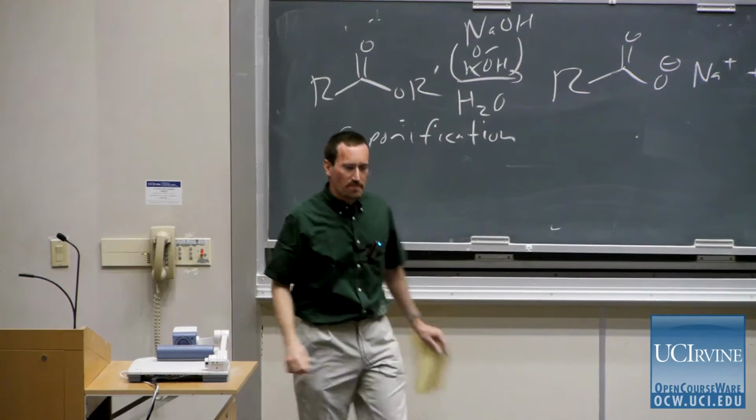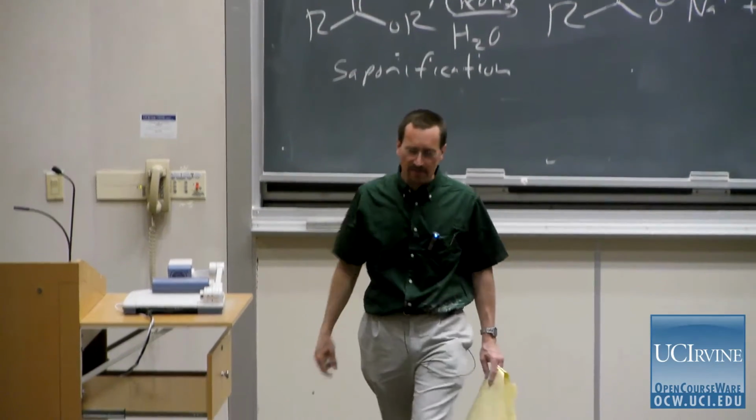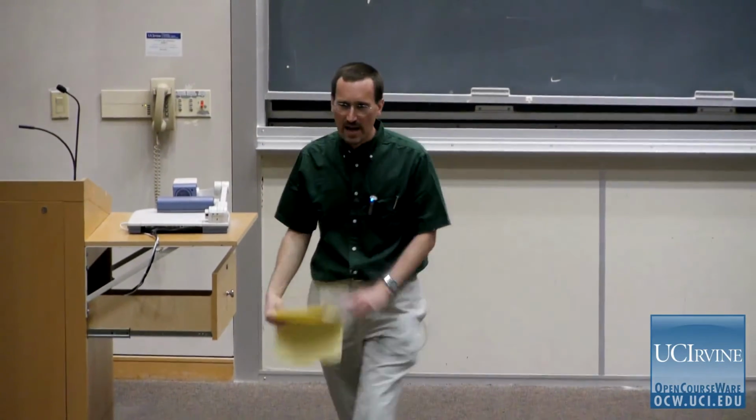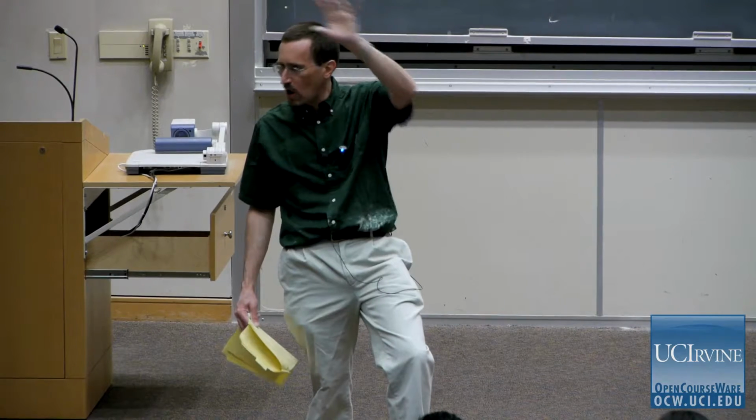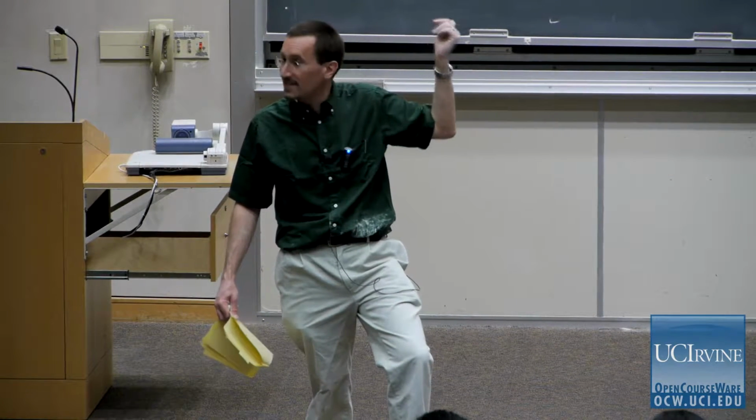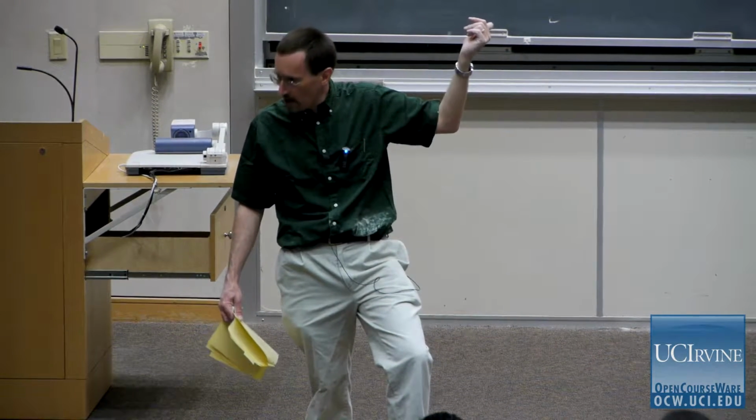We call this reaction saponification. It's a reaction that mankind has been doing for hundreds of years before we had organic chemistry. It's the making of soap. When you take a fat, which is a triester of glycerol, 1,2,3-propane triol with 3 long-chain carboxylic acids esterified on, and you stir it with sodium hydroxide, that's lye, Drano.